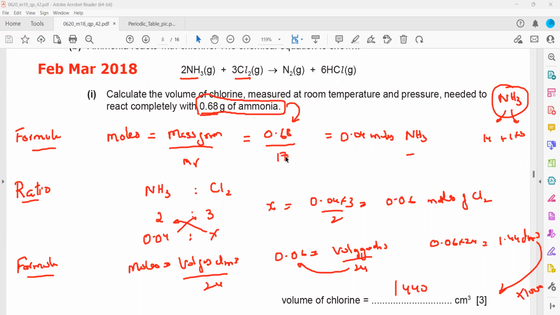Whenever you divide by molar mass, you divide by the mass of only 1 mole. Don't bother about how many moles are there in the equation. After getting the moles of ammonia, we took a ratio: the ratio between ammonia and chlorine according to the equation is 2:3. So if 2:3 is the ratio, 0.04 will be X.